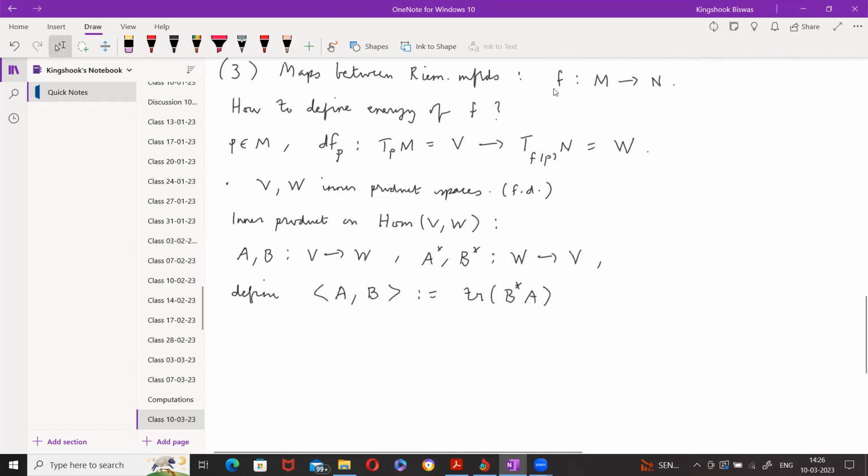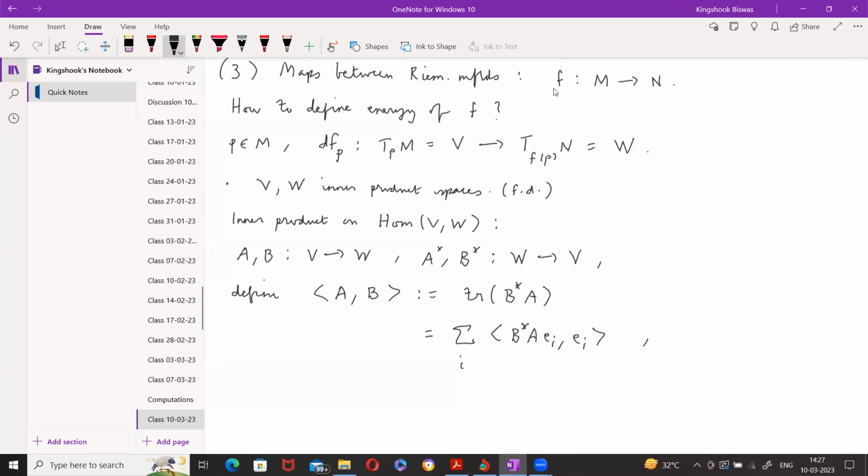Well, if I choose an orthonormal basis for V, then B star A is an endomorphism of V. So for an endomorphism of V, the trace is the sum over the diagonal elements with respect to that orthonormal basis. And the diagonal elements with respect to that orthonormal basis are the inner product of B star A e_i with e_i.